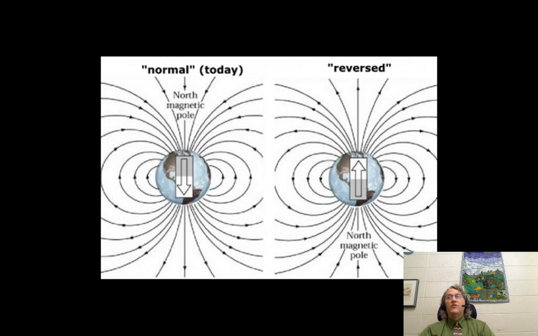And so we can recover that remnant of the magnetic field and figure out what direction the magnetic field was. There's some other things you can do about it. You could tell what latitude something was at relative to the magnetic field. We're not going to deal with that in this course. But we could tell the polarity as well.